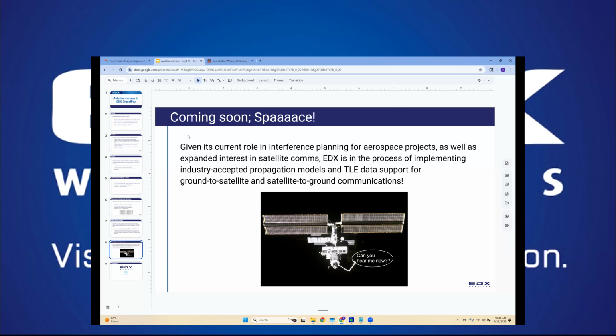And then also the TLE, or two-line element data, that's used to describe a satellite's orbital flight path. It's a standardized format that you can go on to the NASA website and download for any particular satellite or constellations of satellites.